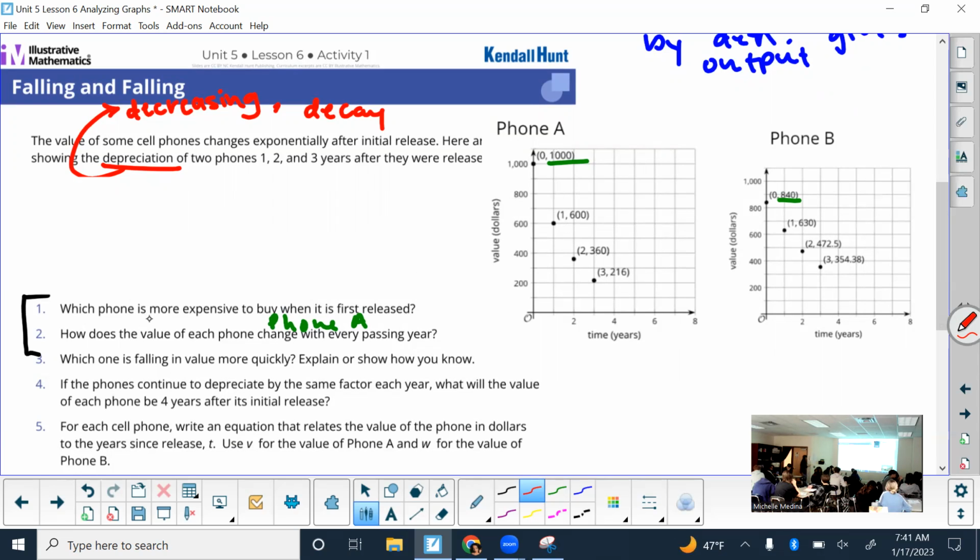So we could say in year 1, and then in year 1, you could say that it decreased 400. In year 2, how much did it decrease? 240. In year 3, it decreased by how much?